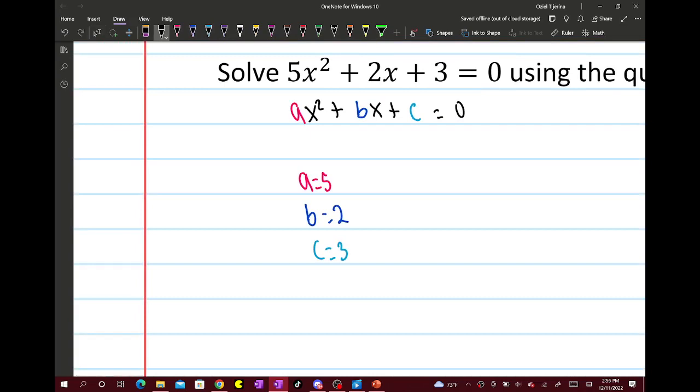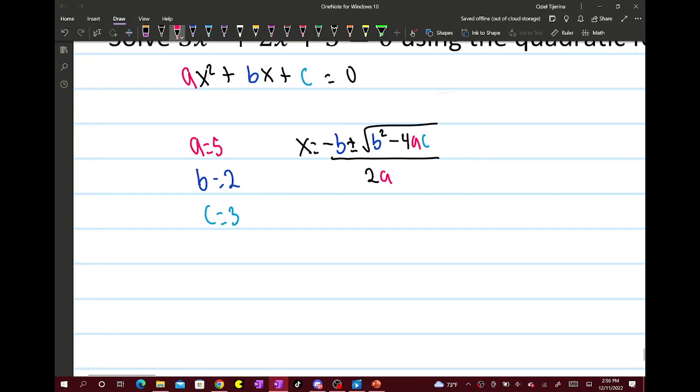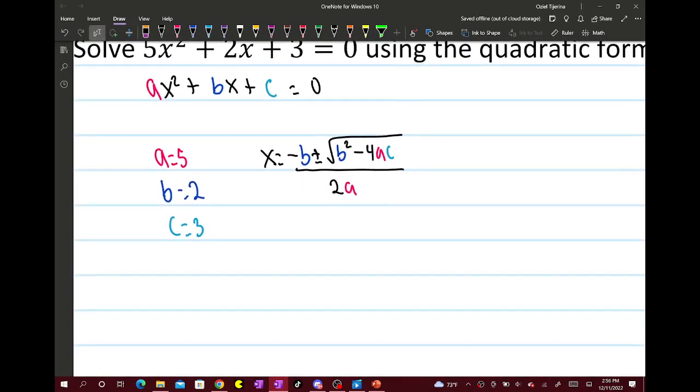And the quadratic formula is as follows: x equals negative b plus or minus the square root of the quantity b squared minus 4ac, all over 2a.